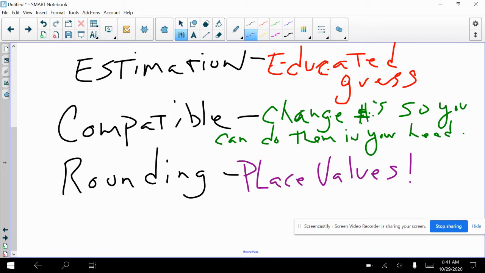When the questions ask you to round, will they give you a place value? Yes, they will. Will all of you have the same answer when it comes to rounding? The answer is yes. The other two, your answers will vary from each other, and that's okay. There's nothing wrong with that.